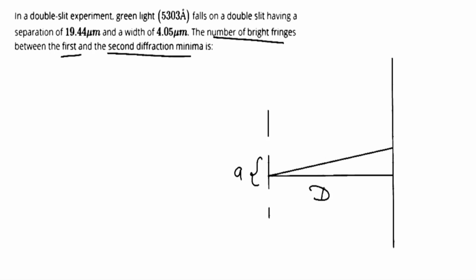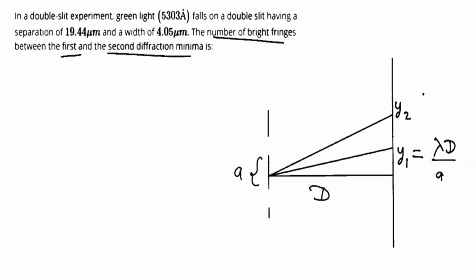Then the second one will be here. For the first minima, let's say y1, we can write y1 equal to lambda D by a. And let's say this is y2, the second minima.